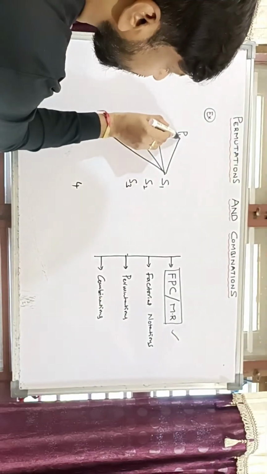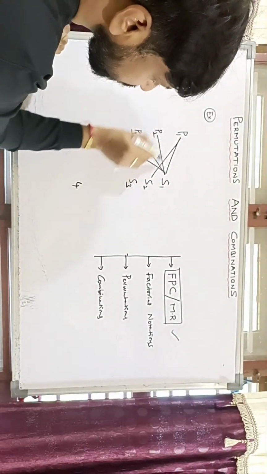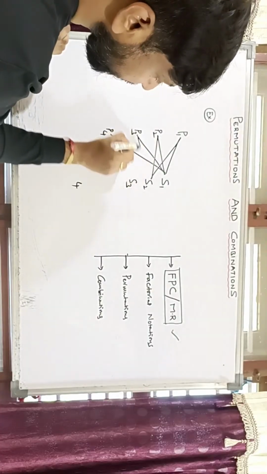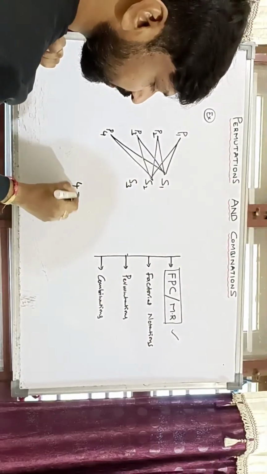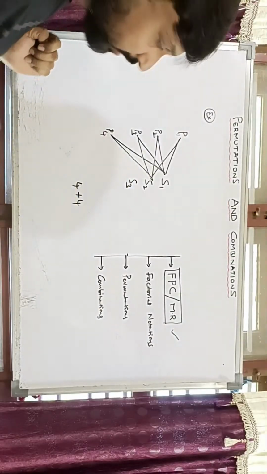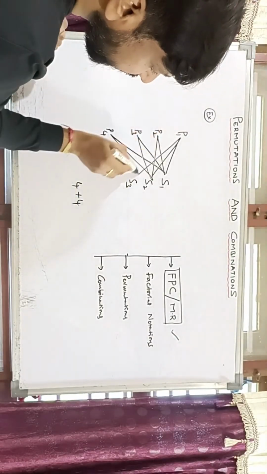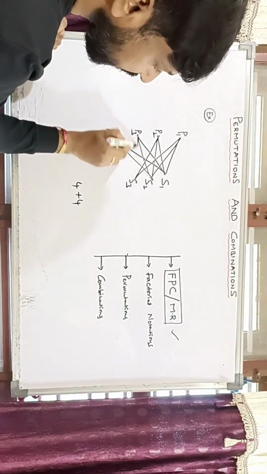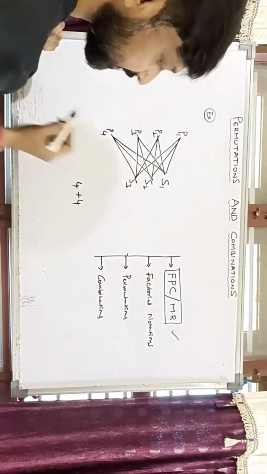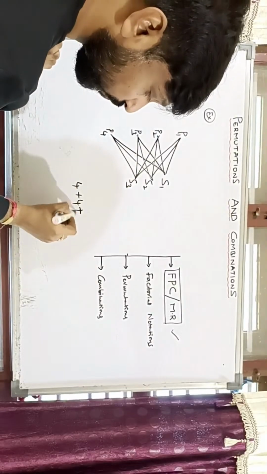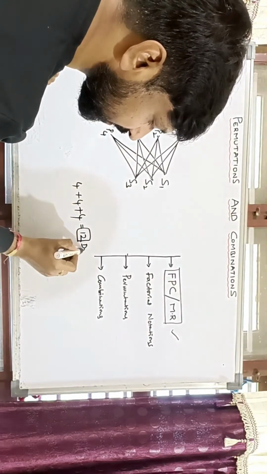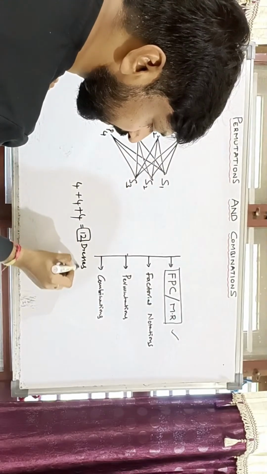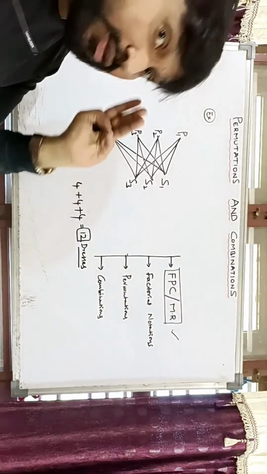Like with S2: P1S2, P2S2, P3S2, and P4S2 also you can create. That is another four. Then coming to the next, with P1S3, P2S3, P3S3 and P4S3. So this is also four ways. So in total, how many dresses did you create? Total 12 dresses, by using 4 pants and 3 shirts.